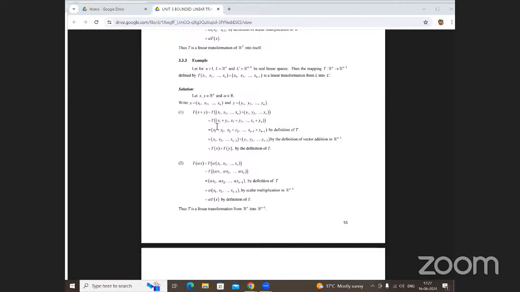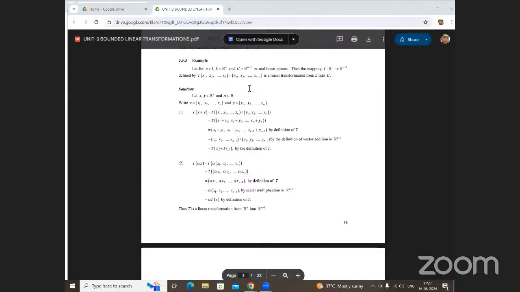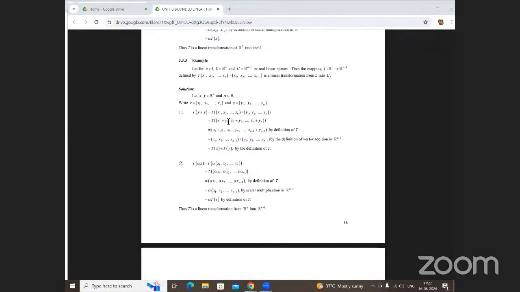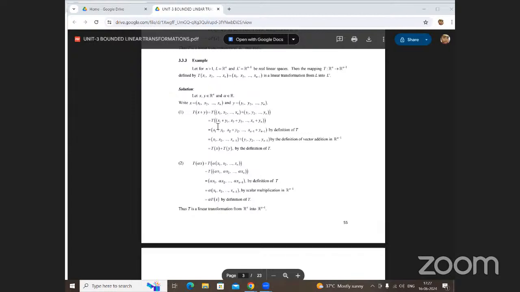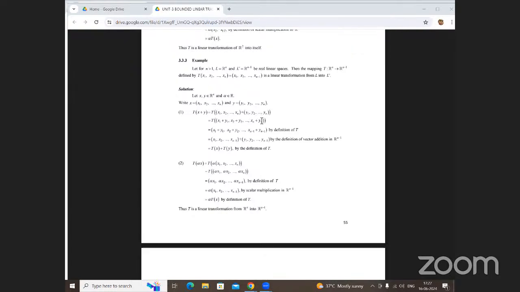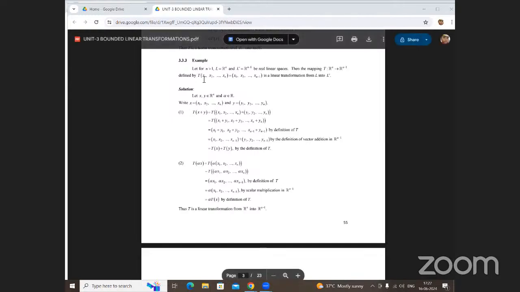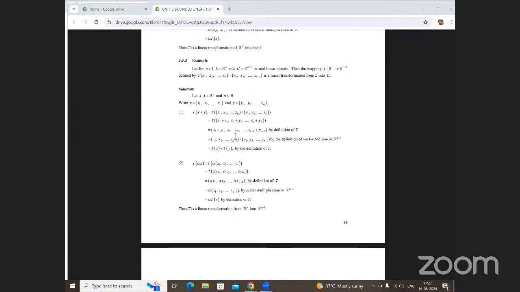By the definition of T, this value is x1 plus y1, x2 plus y2, and so on up to xn minus 1 plus yn minus 1. Under the transformation, the image is the first n minus 1 coordinates.